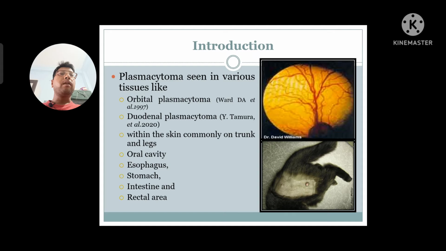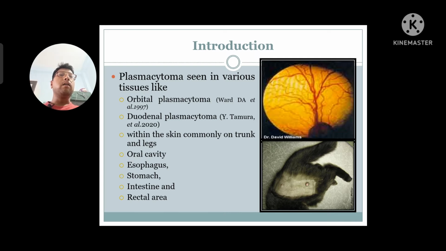Now these are the different sites where plasmacytomas take place outside of the bone marrow. Sometimes the plasmacytoma or multiple myeloma occurs as orbital plasmacytomas, in the orbits or the eye. Sometimes it is in the duodenum, sometimes on the skin, on the trunk, or on the legs.